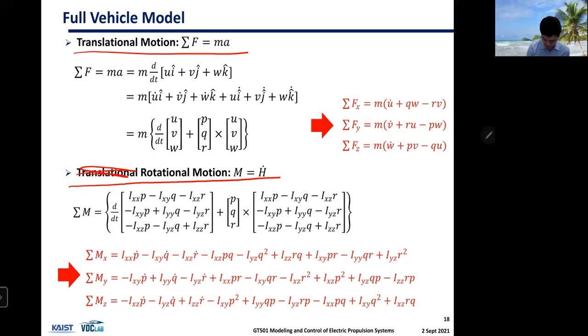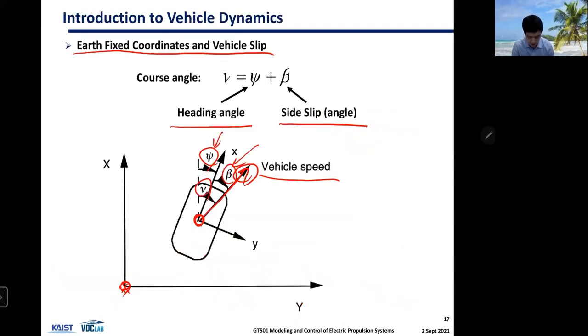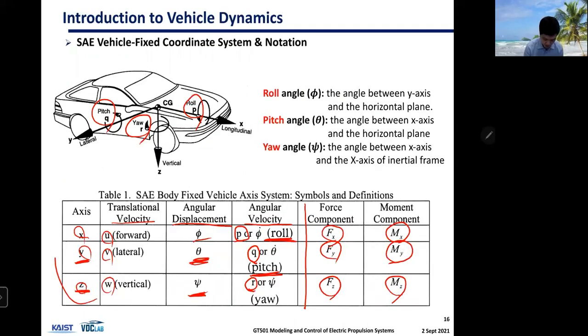So we have sigma F equals ma, and sigma M equals, well, H dot, which is more complicated than this ma, because here we are deriving these equations of motion for three-dimensional space. So we have 6 degrees of freedom, 3 and 3, 3 for translation and 3 for rotation.